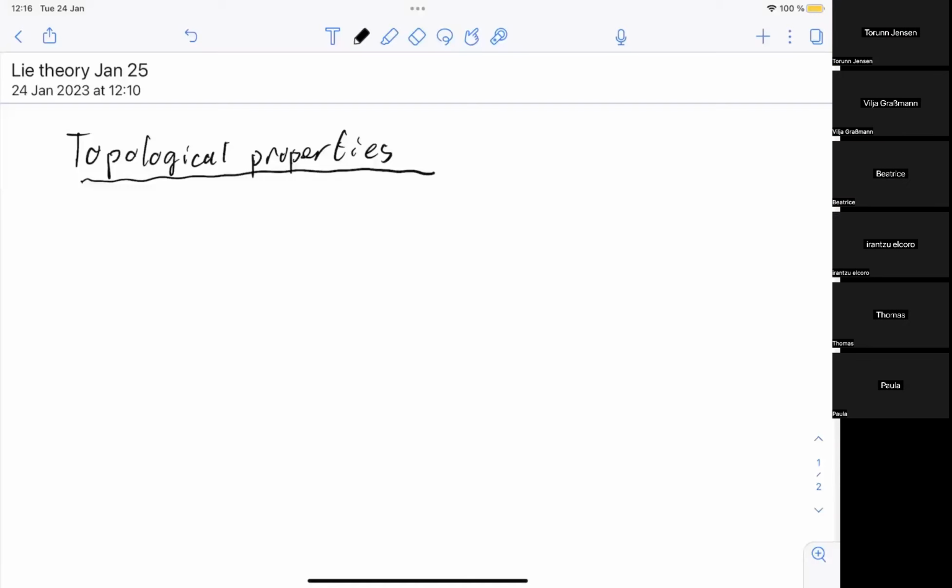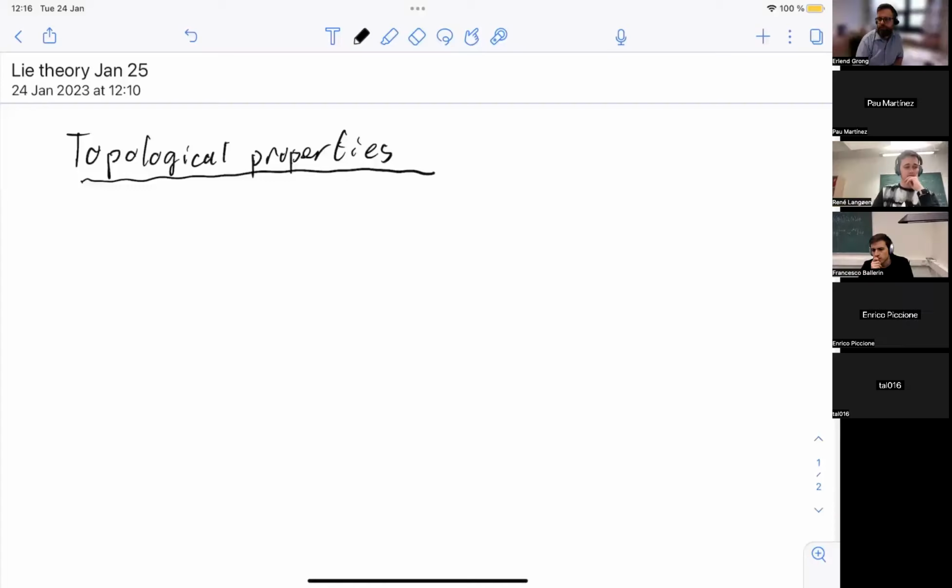And I was a bit quick with my reply last time about open subgroups of the general linear group. Last time I said that if you have an open subgroup, then it's the group itself.